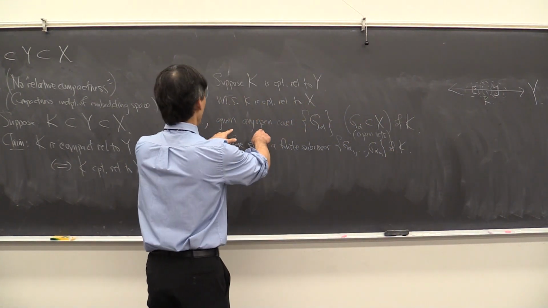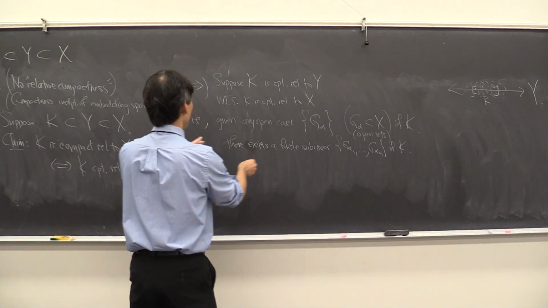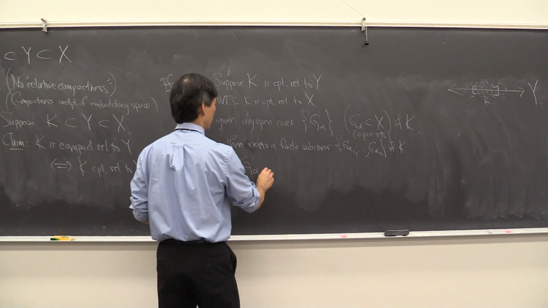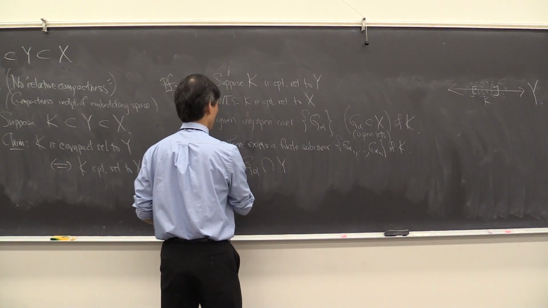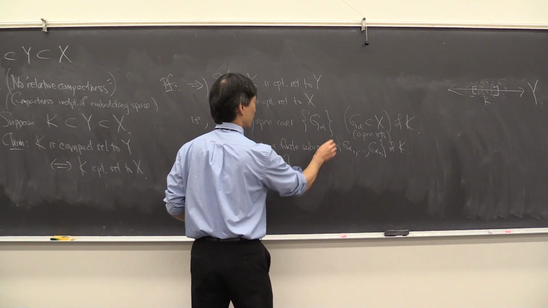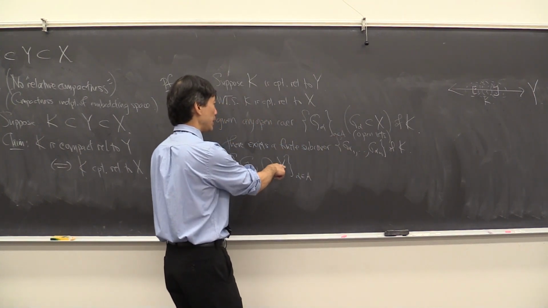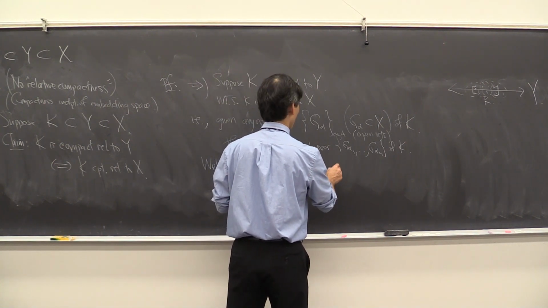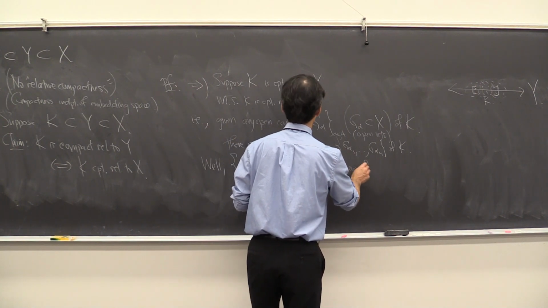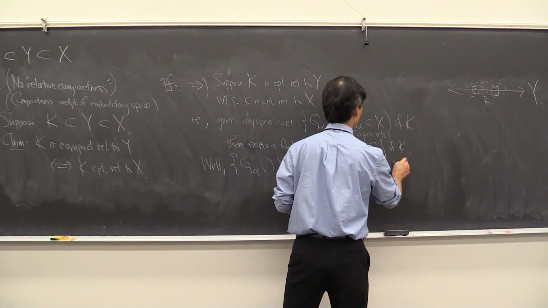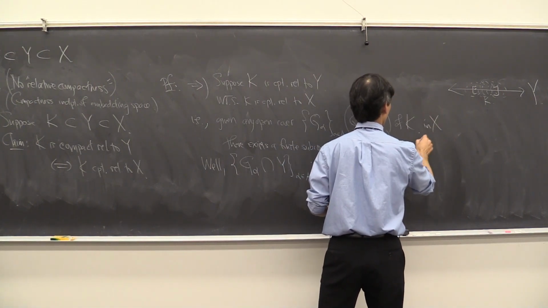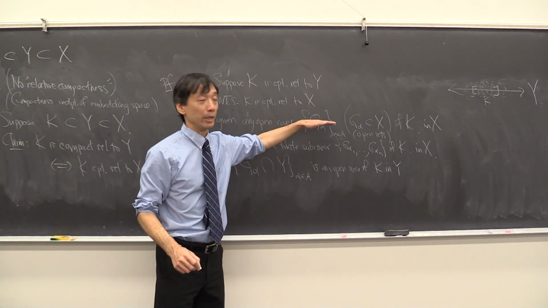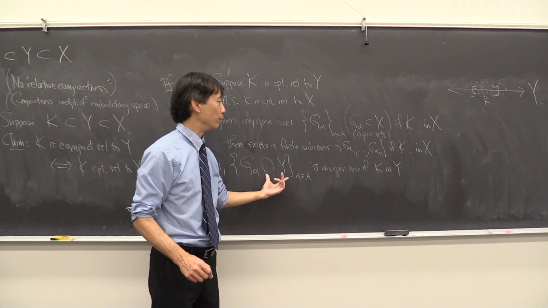So we want to show that given any open cover, there exists a finite subcover. Well, if we take the G alpha intersect Y, if we intersect each of those with Y, this is an open cover of K in X. So we take our open cover in X, we intersect it down, and that gives us an open cover in Y, right?